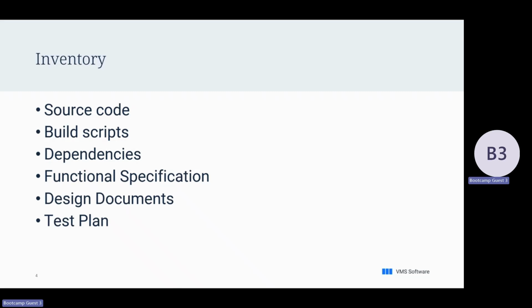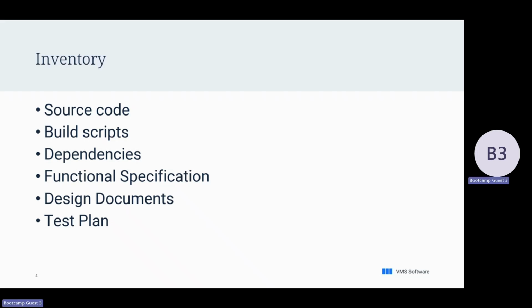Do you have all the dependencies that your application relies on? Do you have a functional specification? If you do, it may make life a little bit easier if you know what the intention behind some of the code was. Are there any other design documents that you can dig up? And maybe very importantly, do you still have a test plan that was used to test your application?